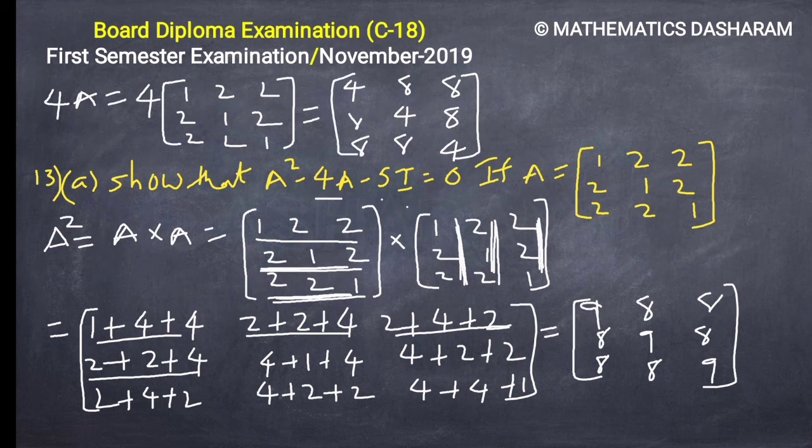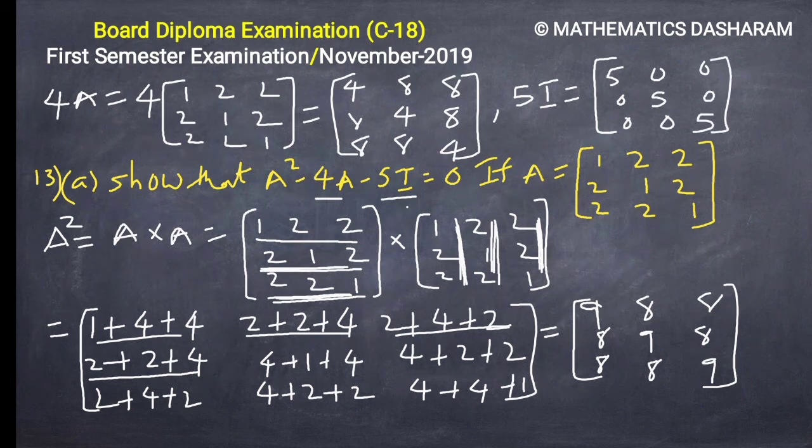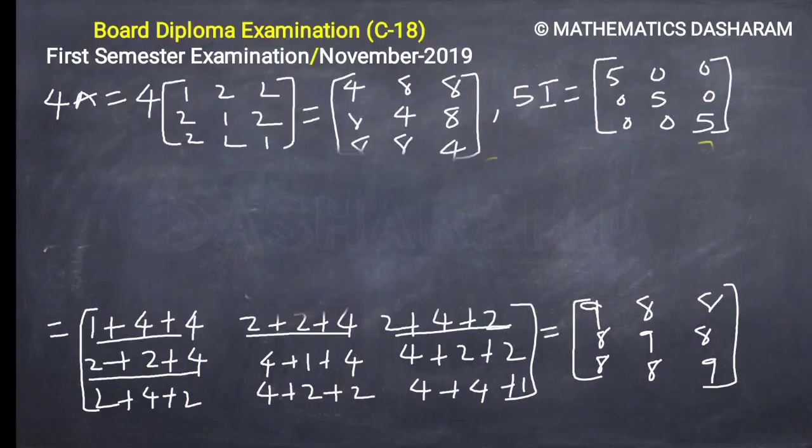Next, 5I, that means 5 into the identity matrix. So 5 into 1 0 0, 0 1 0, 0 0 1 gives 5 0 0, 0 5 0, 0 0 5. This is the 5I answer. So let's show that A squared minus 4A minus 5I.